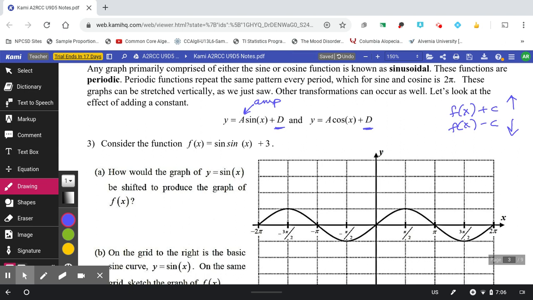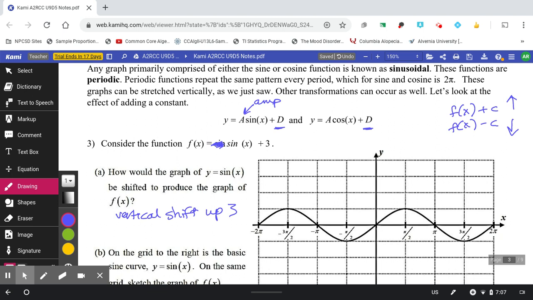All right, so we're looking at the function, the sine of x plus 3. So that means that we would have a vertical shift up 3.